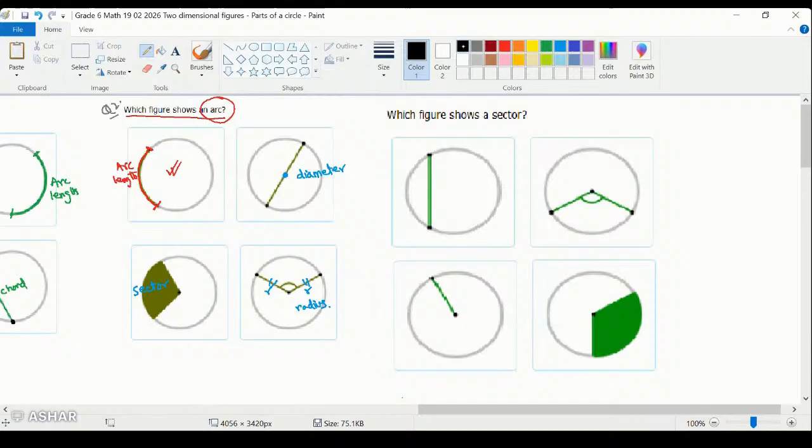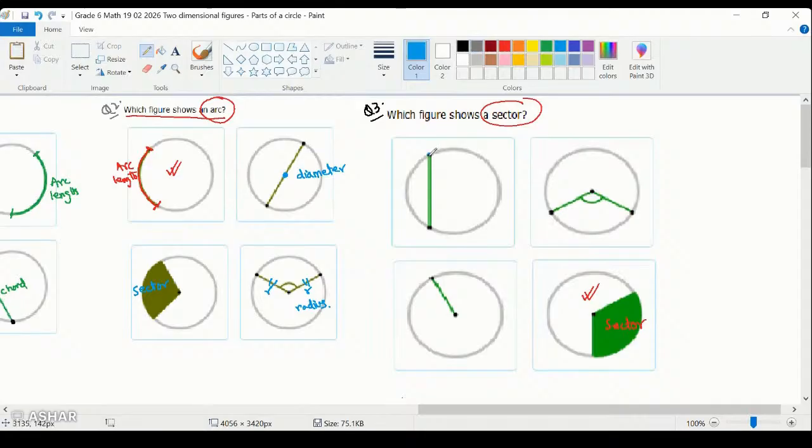This is our question number three, and we need to find the sector. A sector is always a slice, right? So we can say that this is a slice, right? That means this is a sector. Agreed? Bottom right.